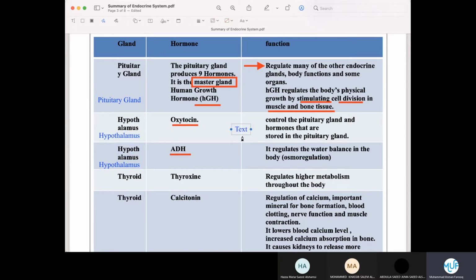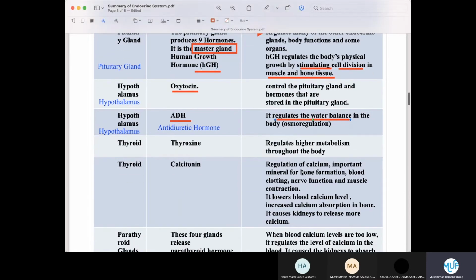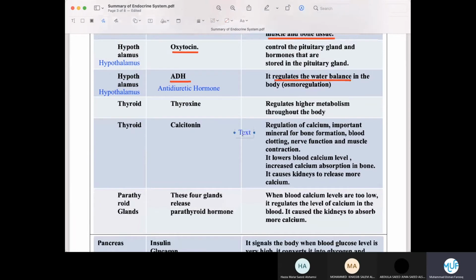We will see it in more detail. This hormone is the one which regulates the water balance in your body. It's not necessary to know this, but it's written. This water balance mechanism is known as osmoregulation.